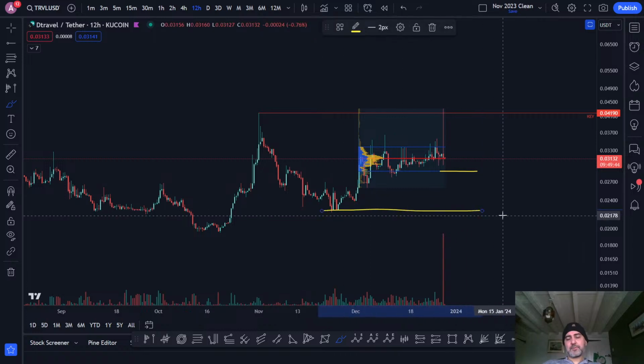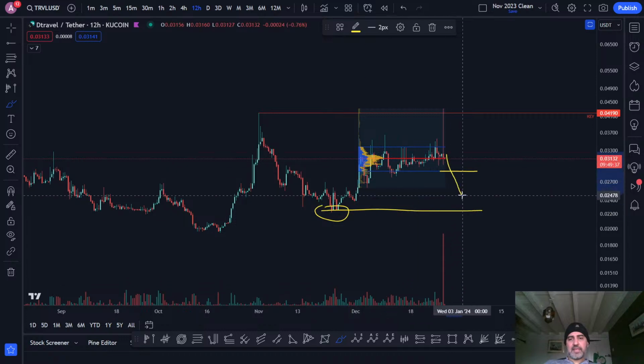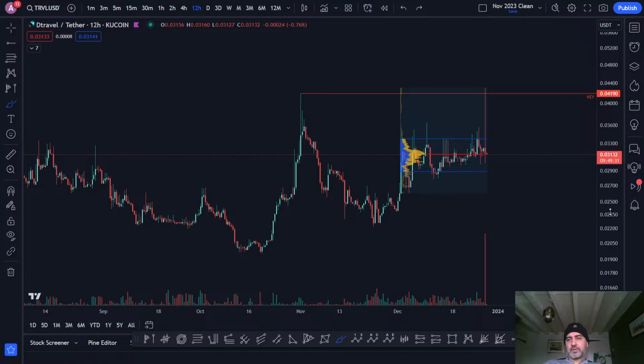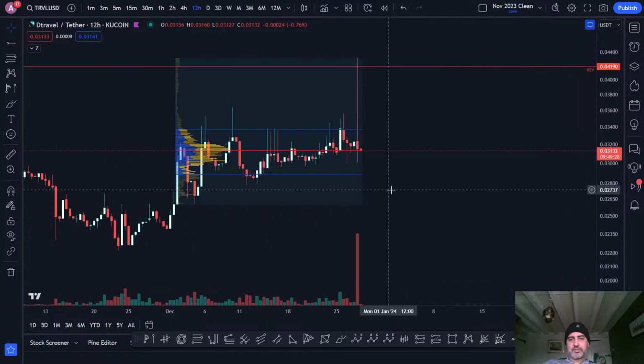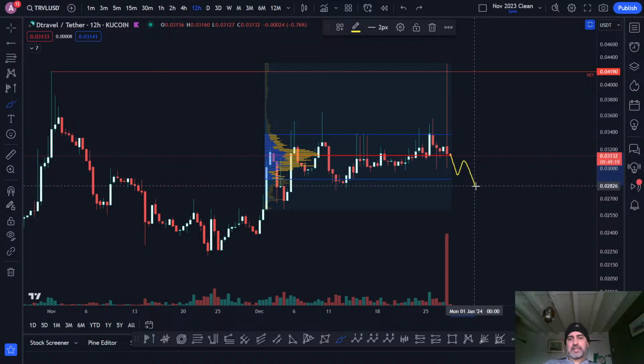This is the challenge. If the bears can't take it down here, then it's still bullish. They fail. But their first challenge is they need to flip this point of control into resistance, because at the moment it's acting as support. Then they need to flip this value area low into resistance, because it's the low of the range.